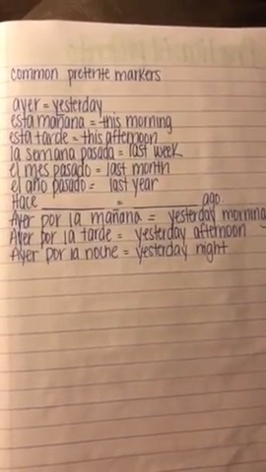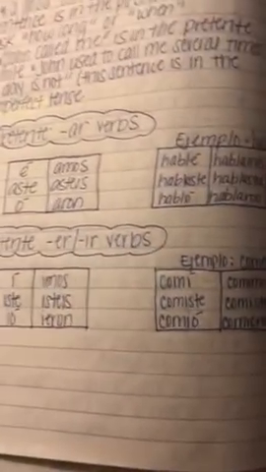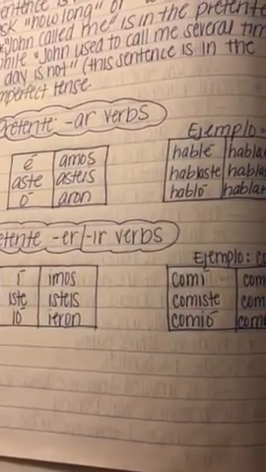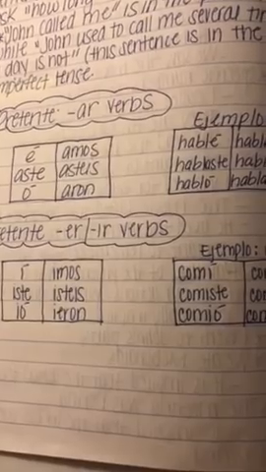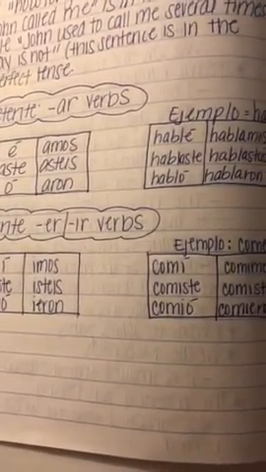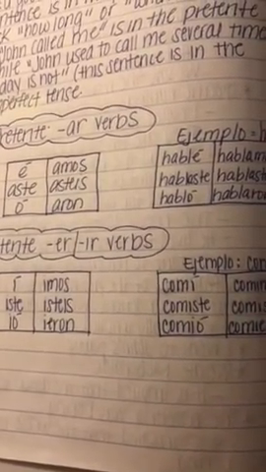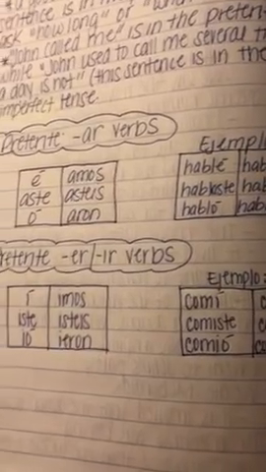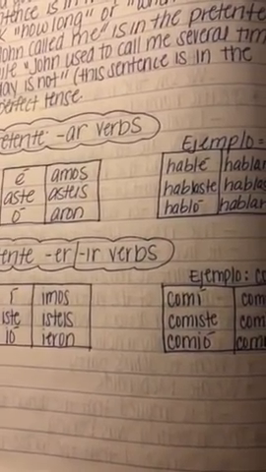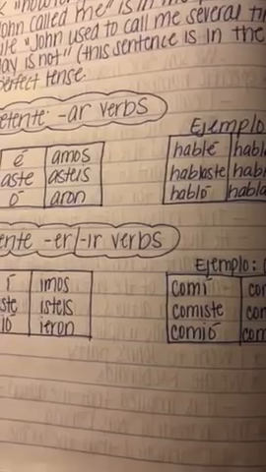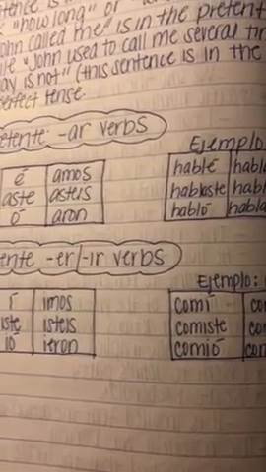So, on review, I'm going to send it over here so you can look at your endings again. We're talking about the preterite tense. This is just like we've done in Spanish 1. We did it with the present tense. We took all the verbs that end in AR. We drop the AR and add the ending according to the subject. And then ER and IR verbs.